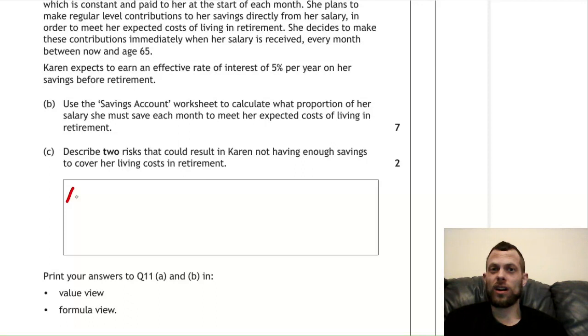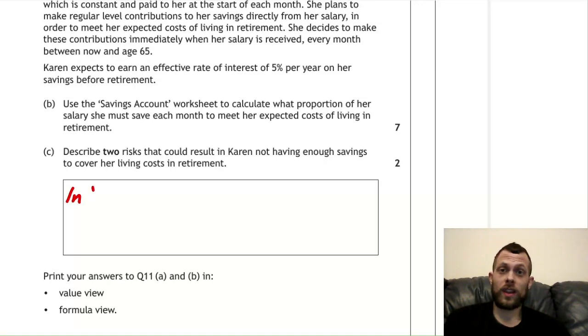And now on to part C, 2 risks that could result in her not having enough savings to cover her living costs. Well, this whole calculation she did was based on her predicting that she would get a certain amount of interest on her savings, and also she was predicting what inflation would be.